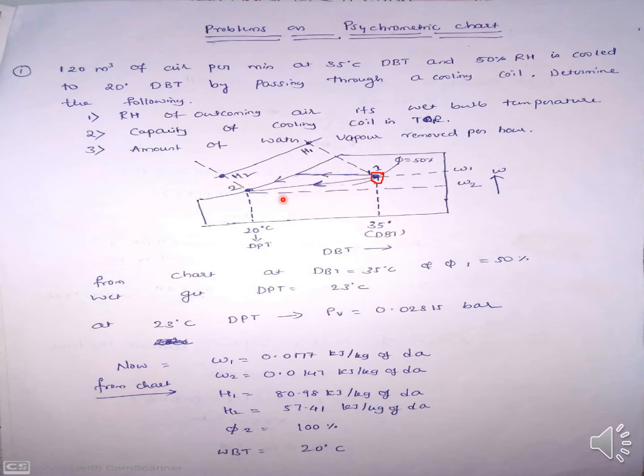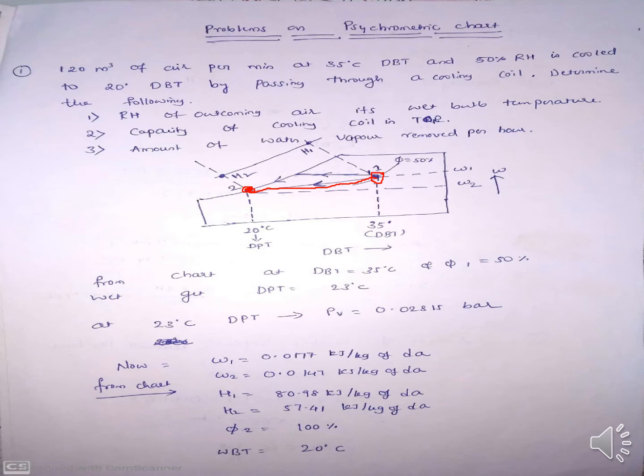From this to this, draw the line and show the arrow mark, because we are coming from here to here. So these two points are now with us. Now see how to draw the second point. From this you draw the line which cuts the saturation line, and this is the second point.